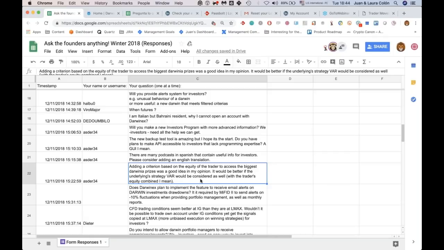I suspect what this means is that we should combine whatever investments the trader has in his own Darwin, as well as the trader equity. If that's what you're saying, then we agree. The reason we haven't done it is that it hasn't been implemented in terms of technical issues yet. If that's not what you're saying, then I think I'm missing something.